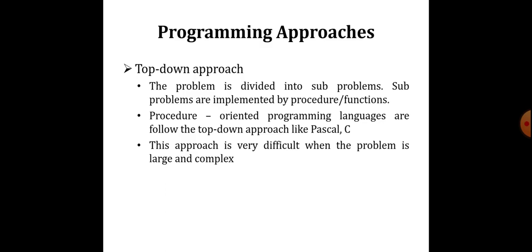In the top-down approach, the problem is divided into sub-problems. The sub-problems are implemented by procedures or functions. Procedure-oriented languages like Pascal and C follow this top-down approach, which is very difficult when the problem is very large and complex.